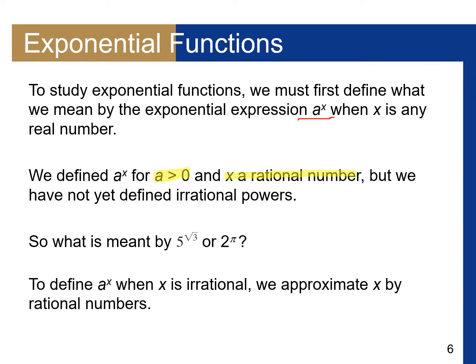So what this means is that we have 5 to the square root of 3, or 2 pi. Those are irrational numbers.